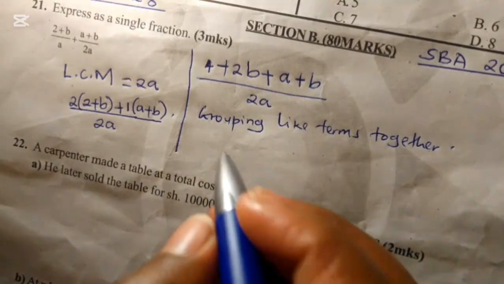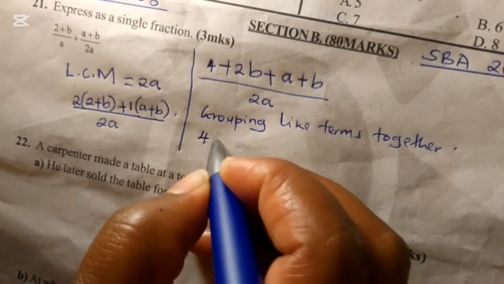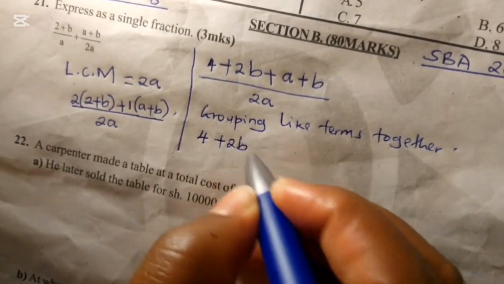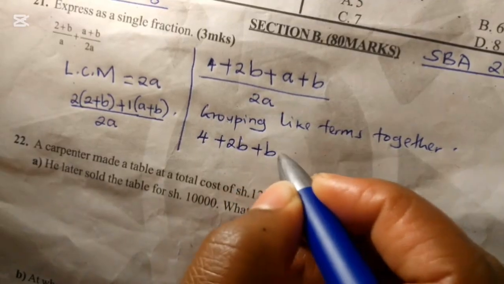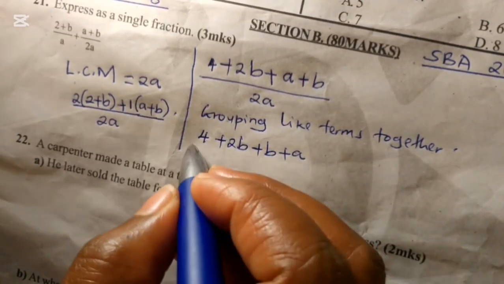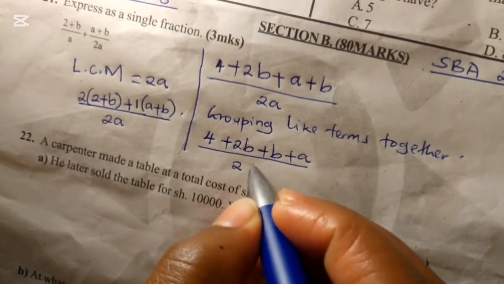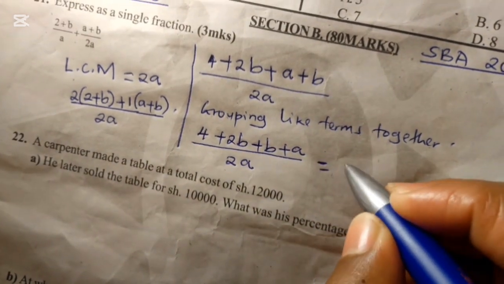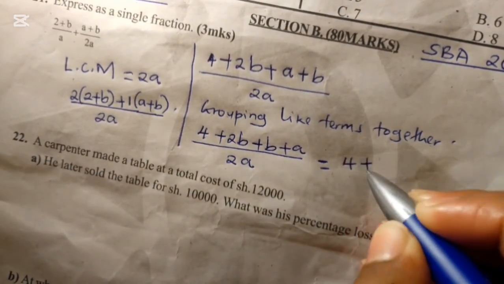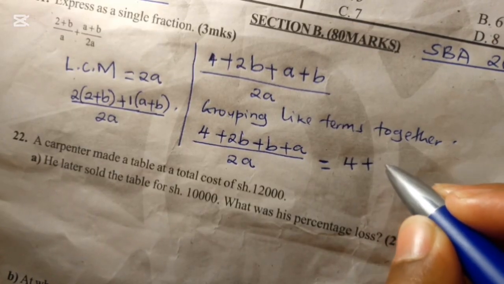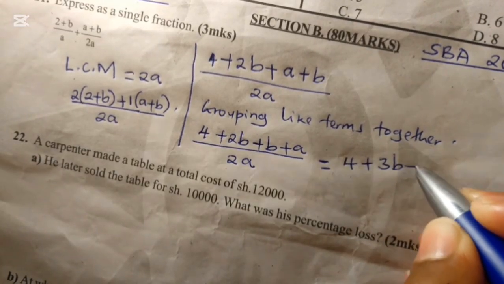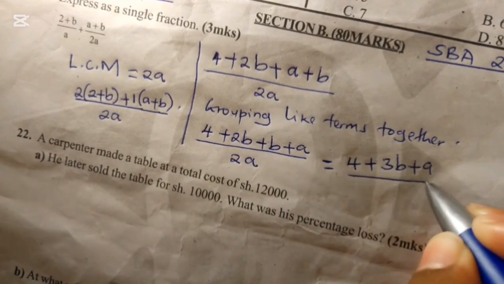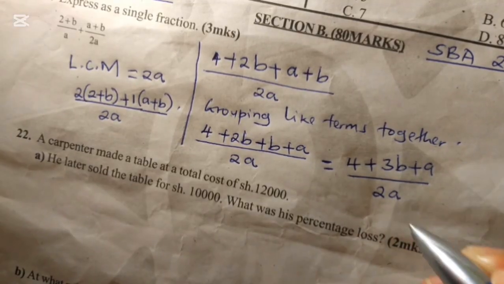Then this means that 4 plus 2b plus b plus a is all over 2a, and this will be equal to 4 plus 2b plus b is 3b, plus a, over 2a.